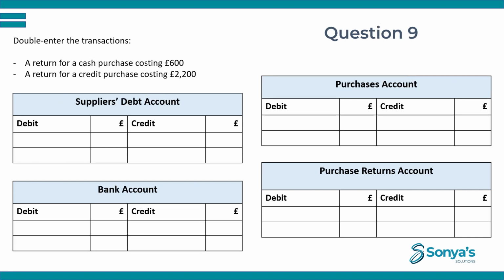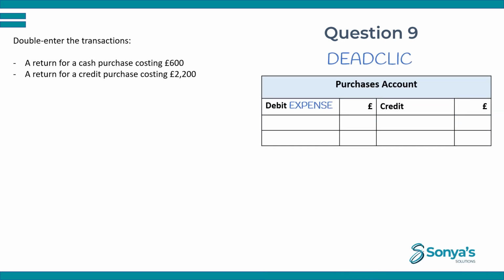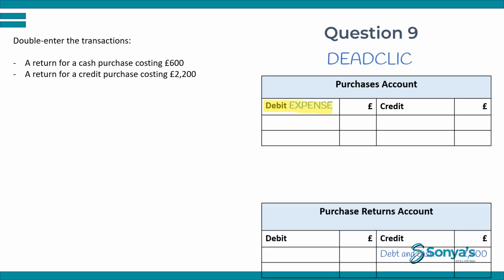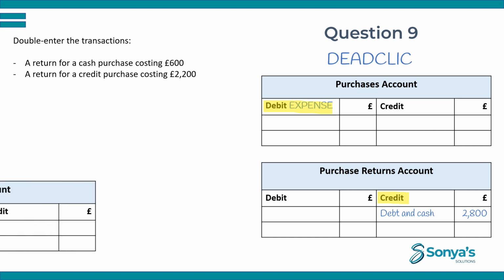Get ready to pause the video to give yourself time to read and answer the question. Purchases are an expense, a debit record. The purchase returns account provides the credit entry for this account. We add all the purchase returns to the purchase returns account with a debit entry.